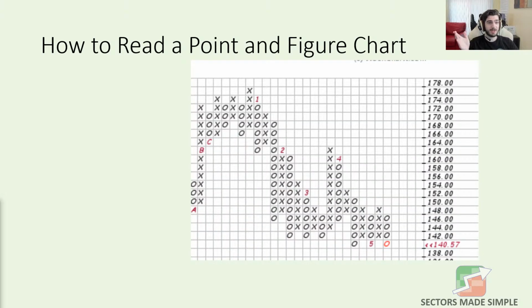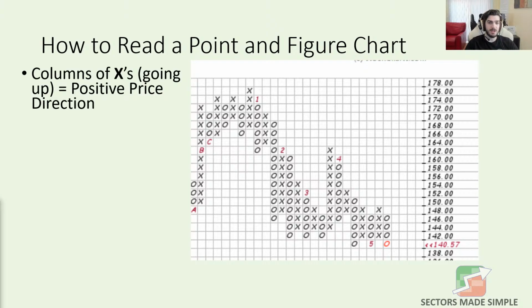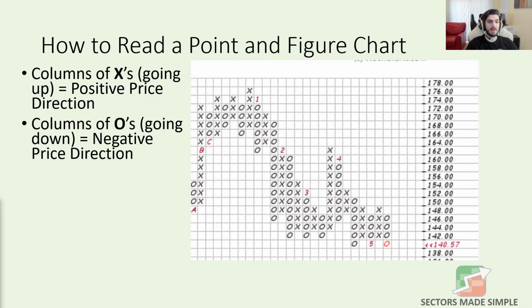So what you see right here is not a demonic game of tic-tac-toe. It is a style of charting called point and figure. In point and figure, instead of looking at one line being every day or every period in the market, we have columns of X's showing us positive direction over time, and columns of O's showing us negative price changes over time.